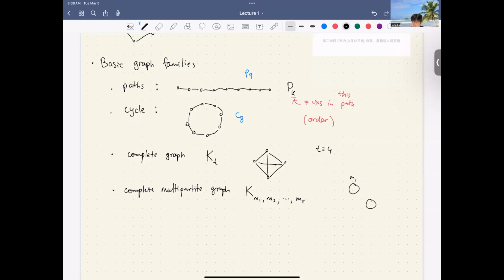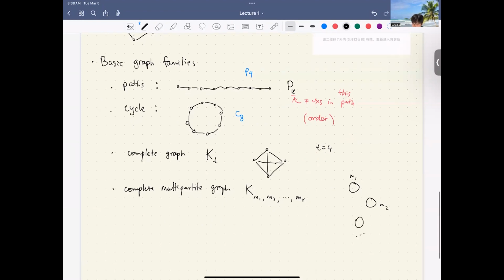The first part has m1 vertices, the second part has m2 vertices, and the last part has mr vertices. Each part is independent, there's no edge inside each part. And you have all edges between different parts.